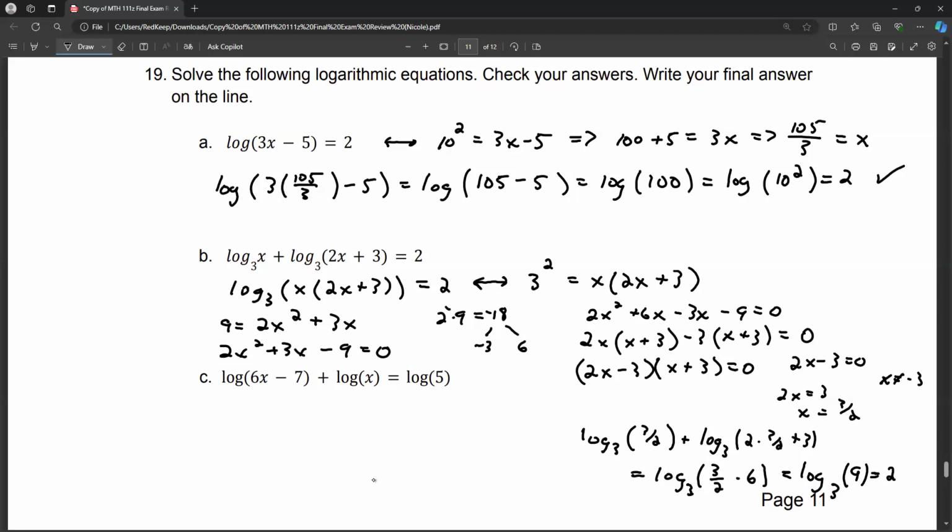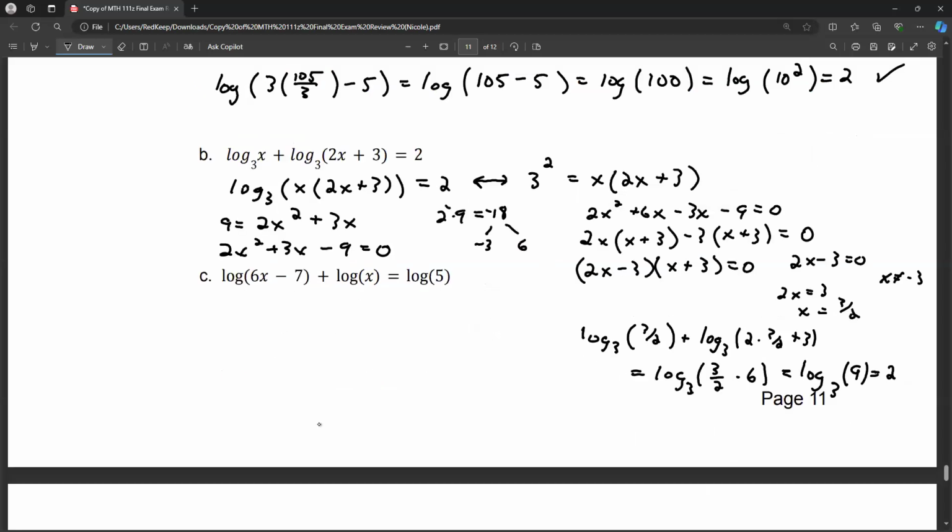Okay, so moving on to part C, if I have enough room here. I have this expression. What should we do initially here to start this one?